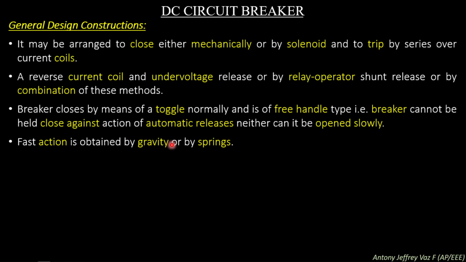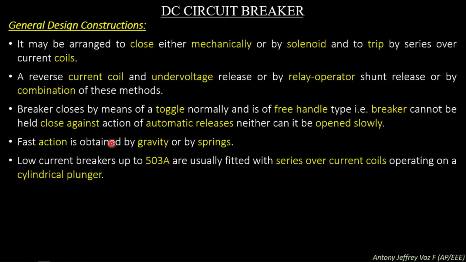So, when an arc is struck, the breaker can be made to operate using automatic release by a relay operated shunt release combination, or if this is not possible, we can use a gravity suspension or a spring loaded mechanism to open the breaker as fast as available.